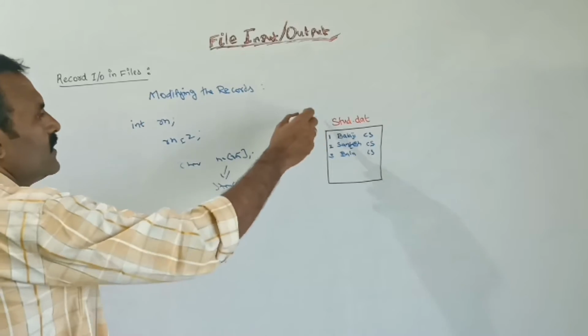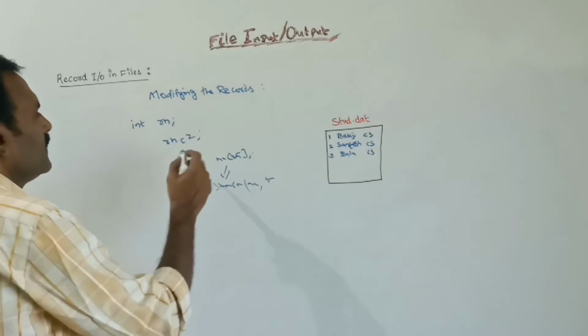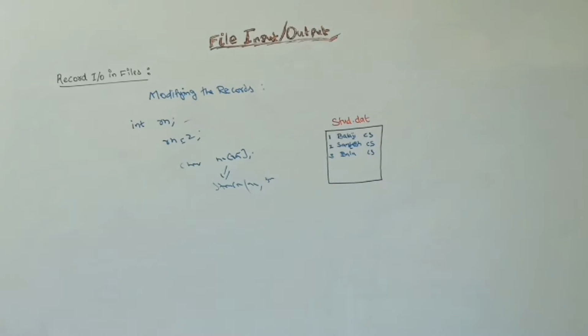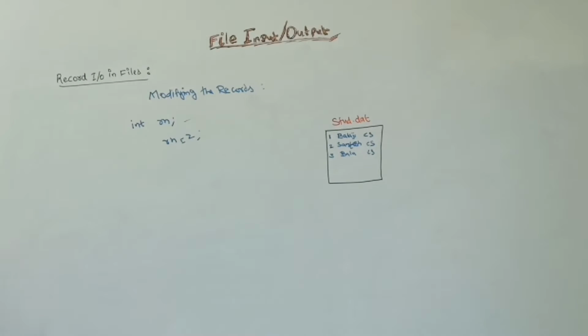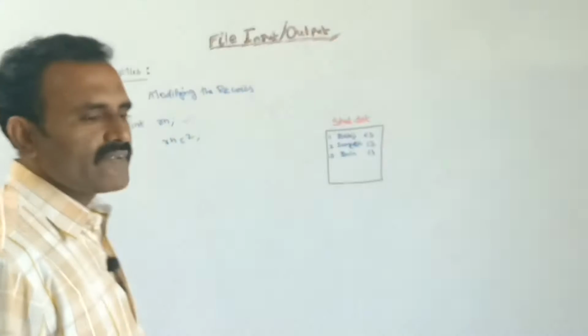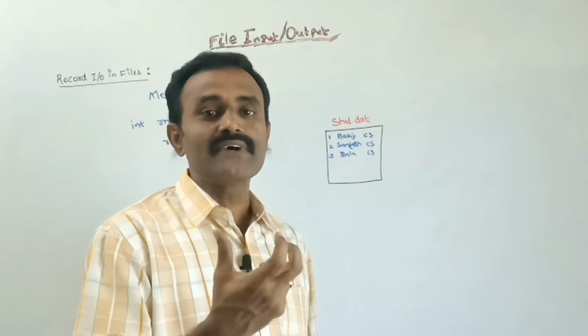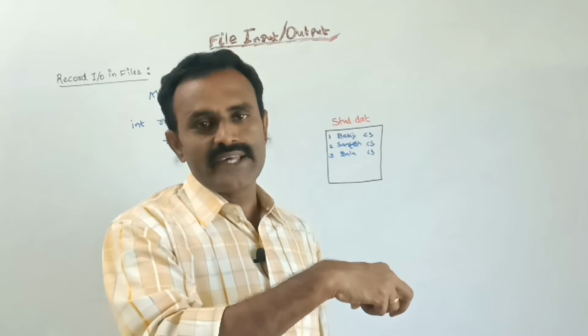Now, suppose I need to search by roll number, then I can declare the variable as integer, and next I can give the input for this rn variable. As we saw in the previous class, when you read a record with the fread function, that record is stored to a variable.